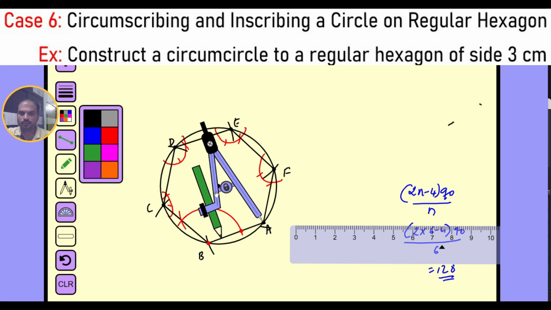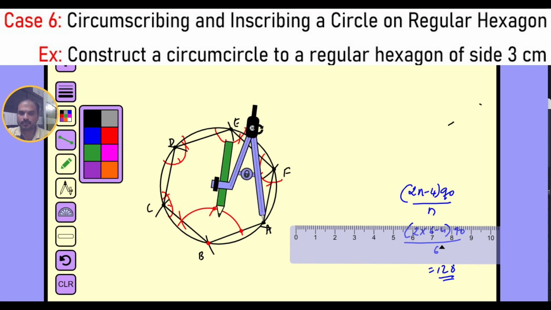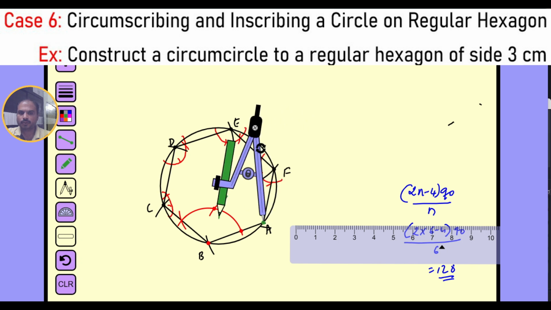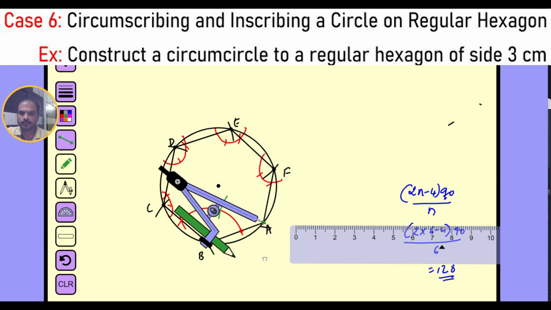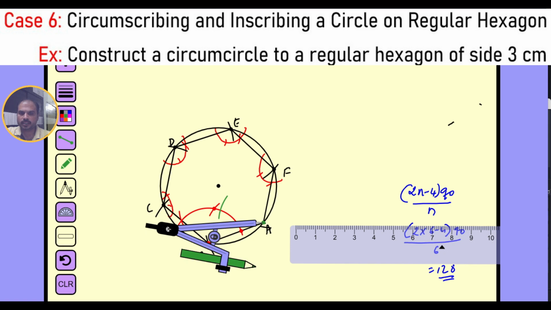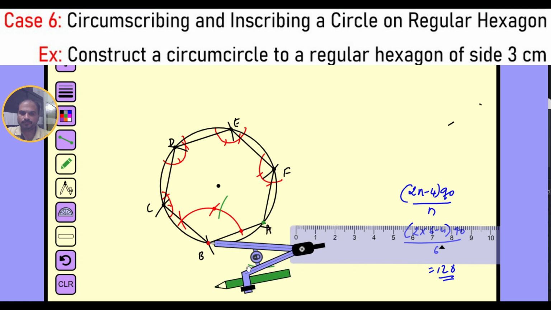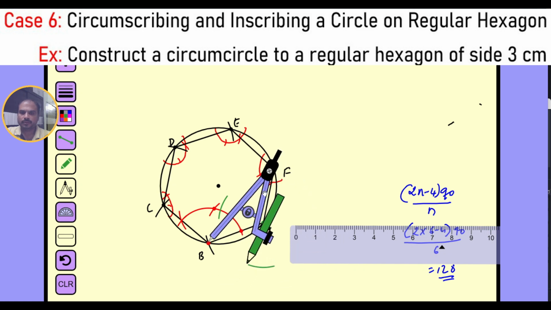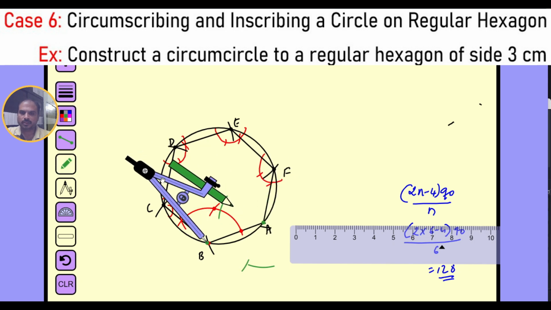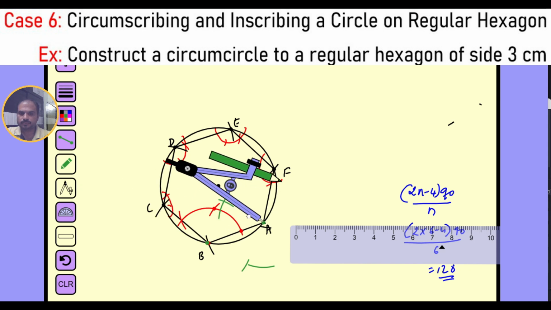Okay, children. Now I'll choose AB first. I'll draw an arc here, then I will draw an arc here. Then I lift the compass, keep it over here, then cut this arc, cut this arc also. These two arcs are not cutting.